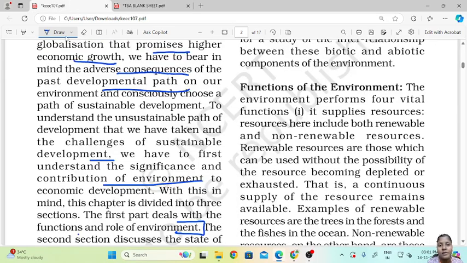Renewable resources are those which can be used without the possibility of the resources being depleted or exhausted, like there is a continuous supply of the resource. Renewable resources are those resources which can be renewed.